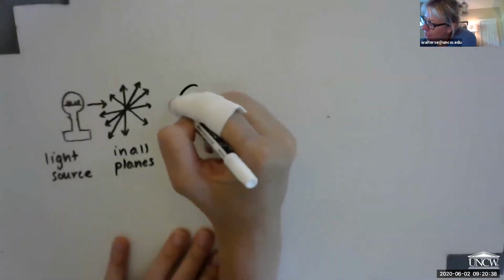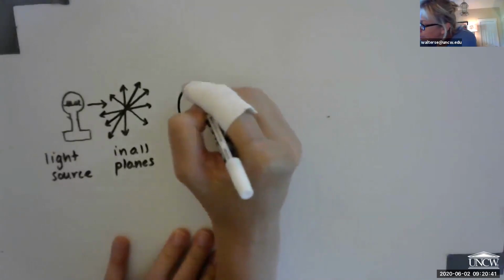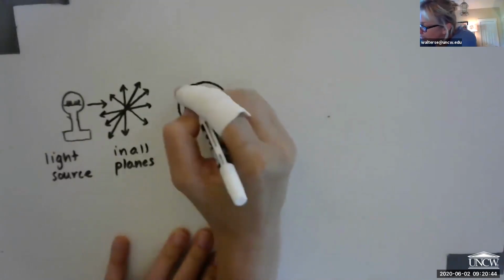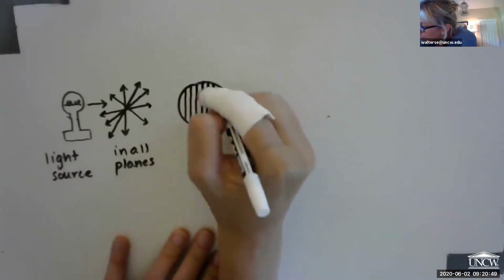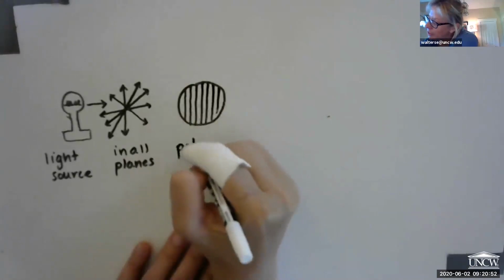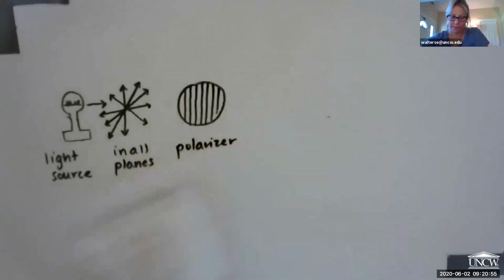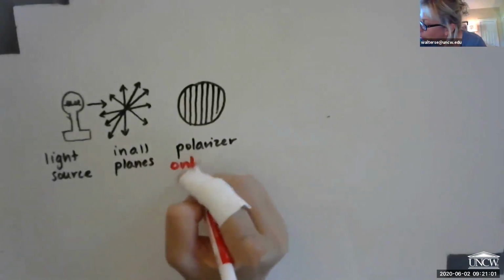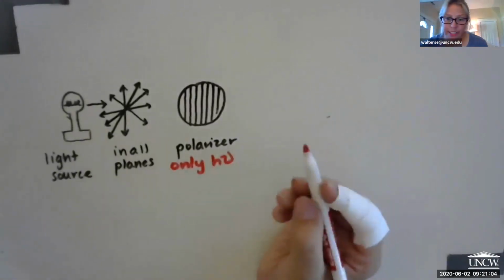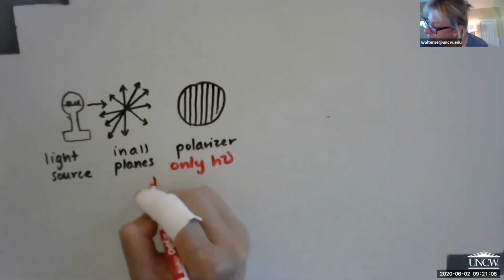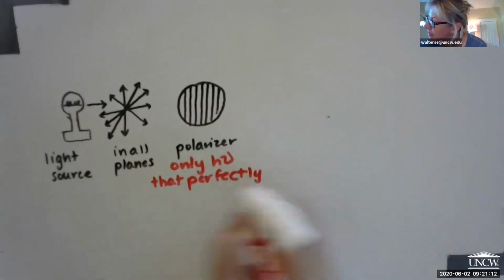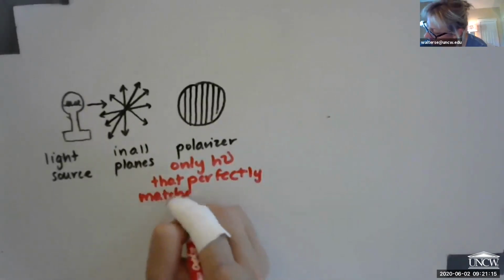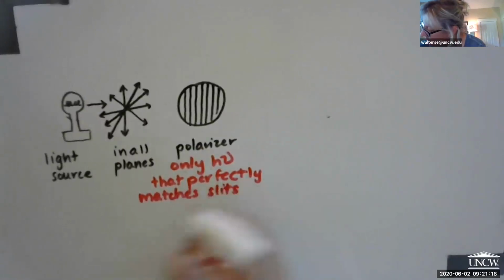Then you have this piece of instrumentation that has slits in it. That's called a polarizer. Only the light, so remember h nu is the symbol for light, only the light that perfectly matches the slits passes through.